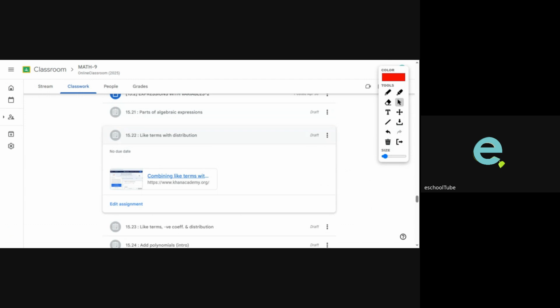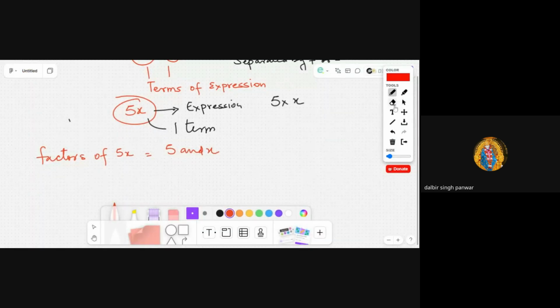Like term क्या होते हैं? Who will tell me like term? वेरिएबल सेम होना चाहिए along with the power. पावर भी सेम होना चाहिए.